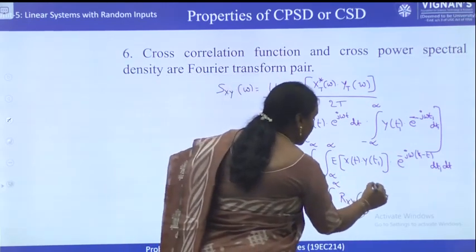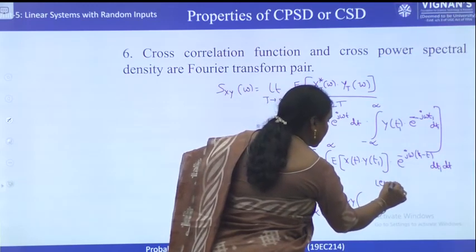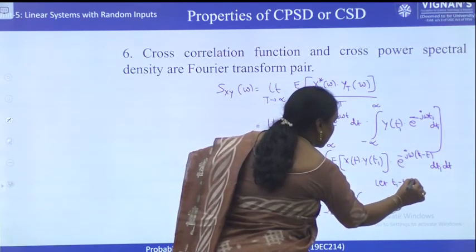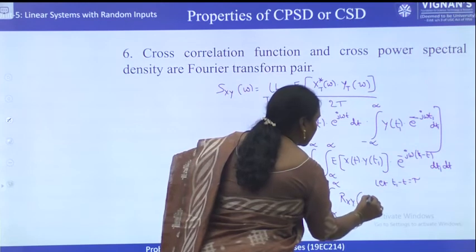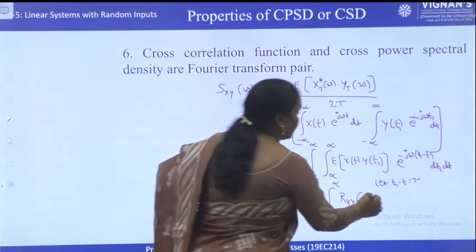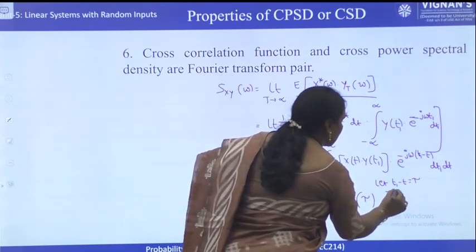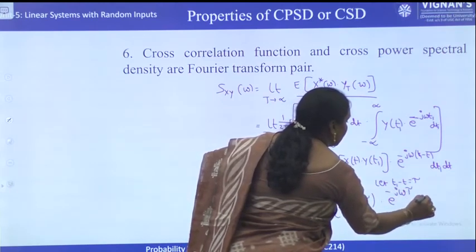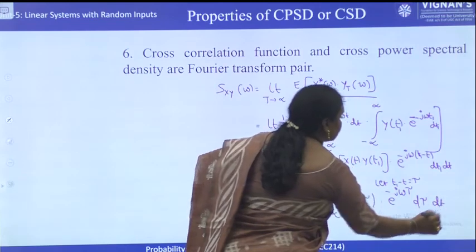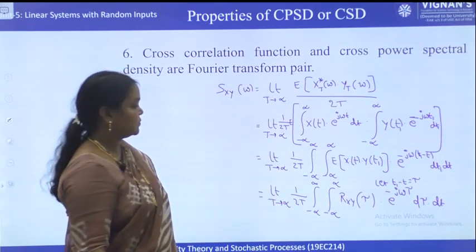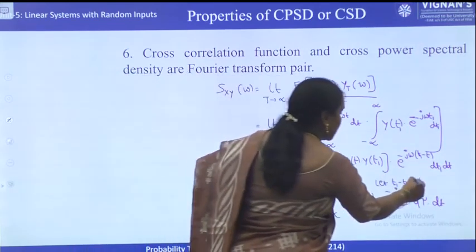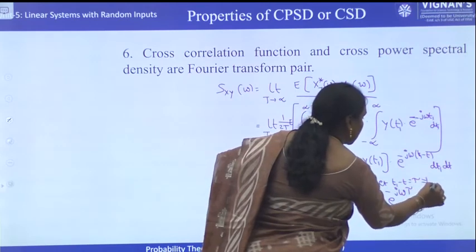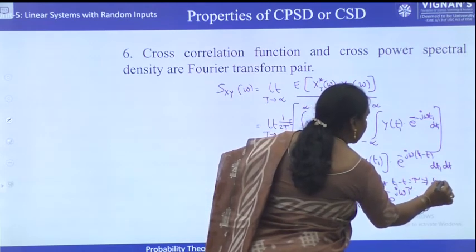Let t1 minus t be equal to tau. So this becomes R xy of tau into e power minus j omega tau d tau into dt, where dt1 is equal to d tau.